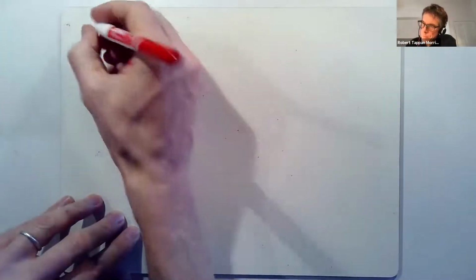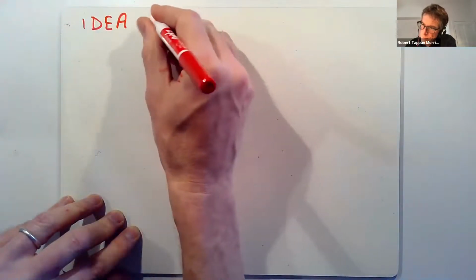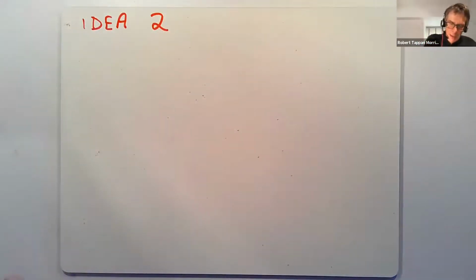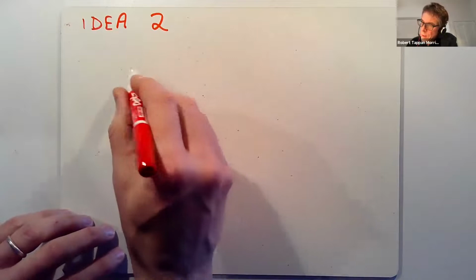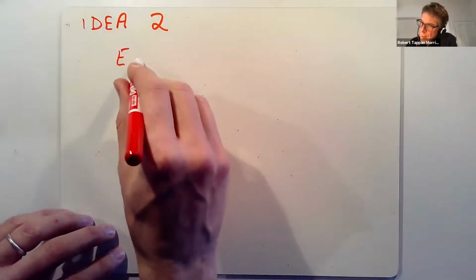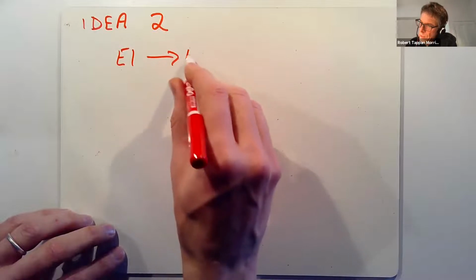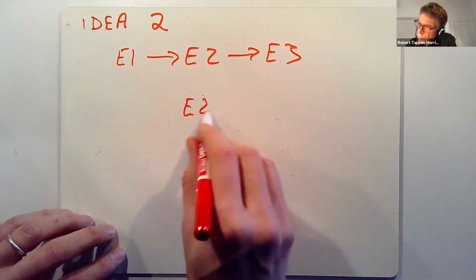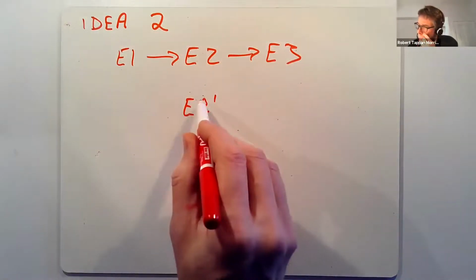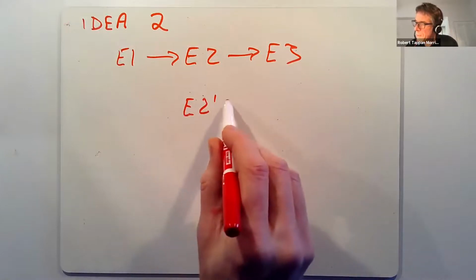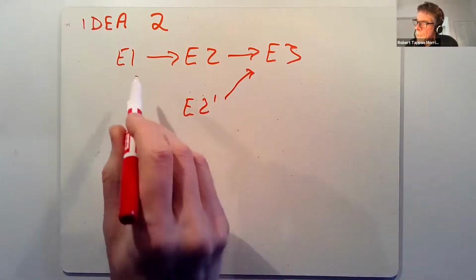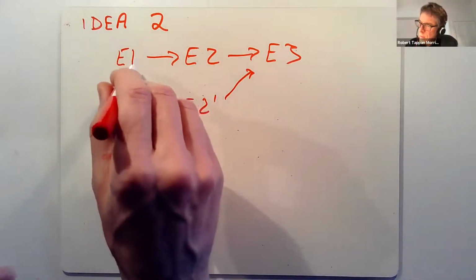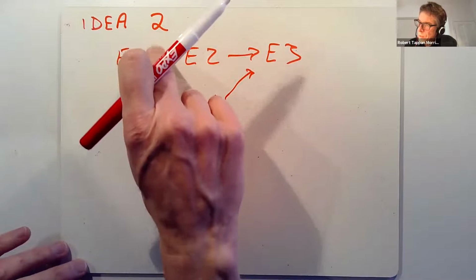The second idea. One of the potential problems with the scheme I just described: we're going to cook up a new E2 prime, and what I said was, oh well, we'll initialize the content for E2 prime, and we'll set its next pointer correctly, and after that we'll set E1's next pointer to point to E2.